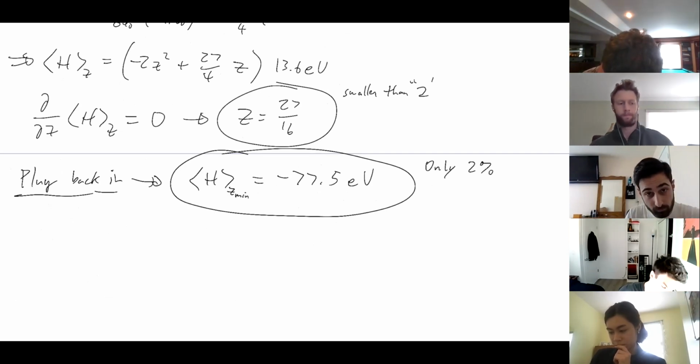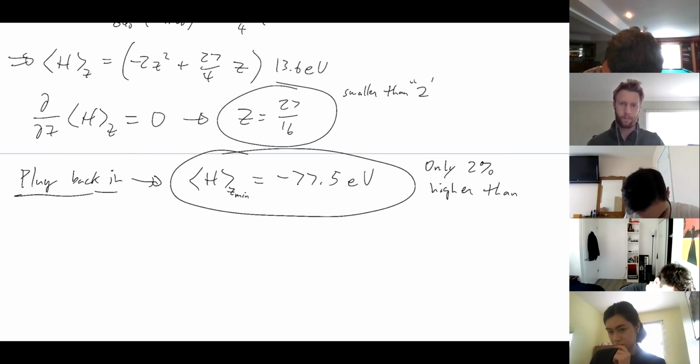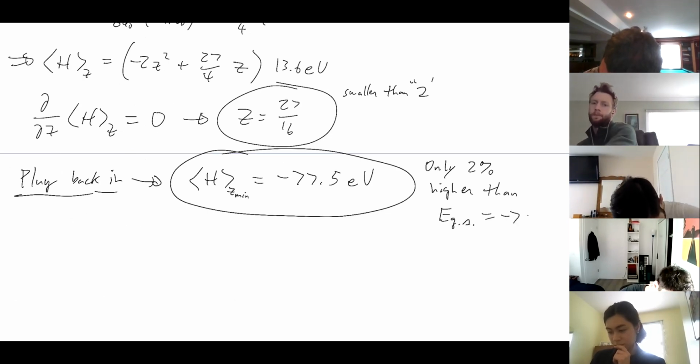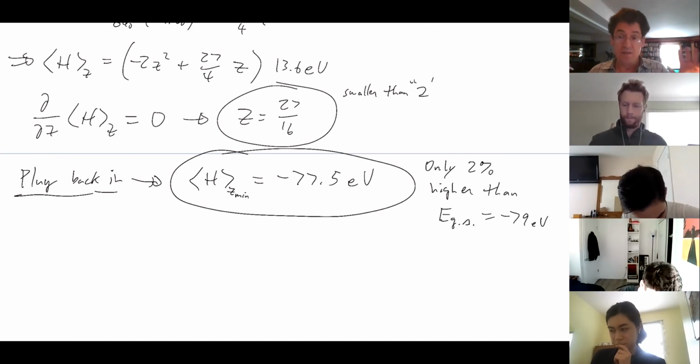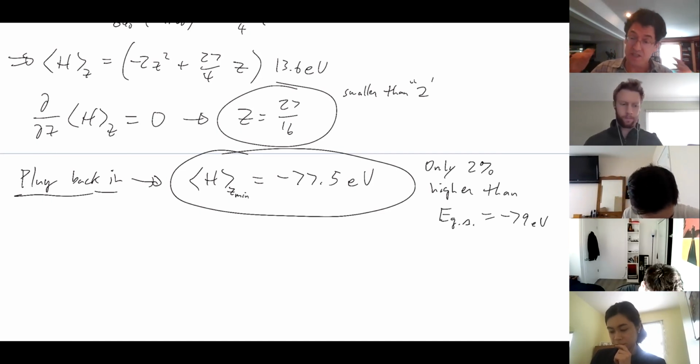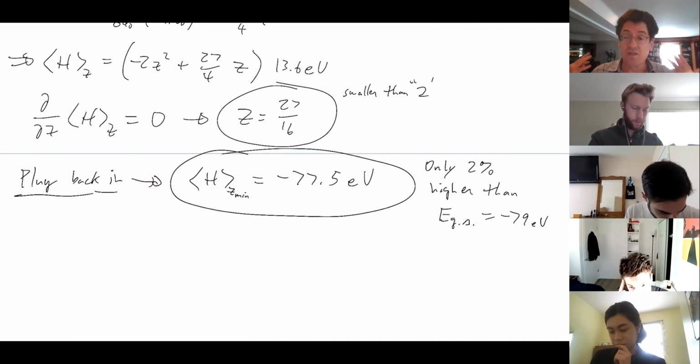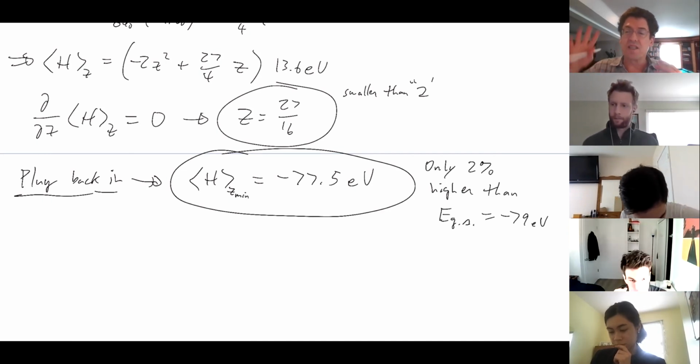It's only 2% higher, and it is higher than the true energy that we measured experimentally, which is negative 79 eV. Okay, and that's it. I know I went over, I'm sorry, but that's the answer. And we just solved a seriously hard problem using the variational principle. Okay, folks, that's it. Bye-bye.